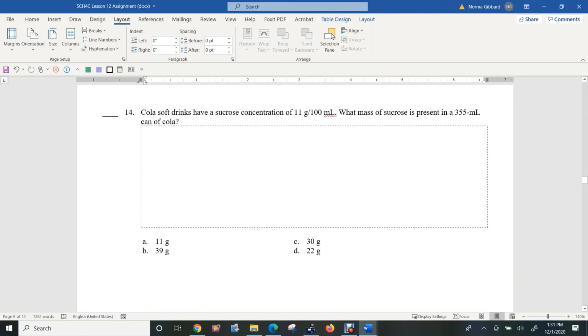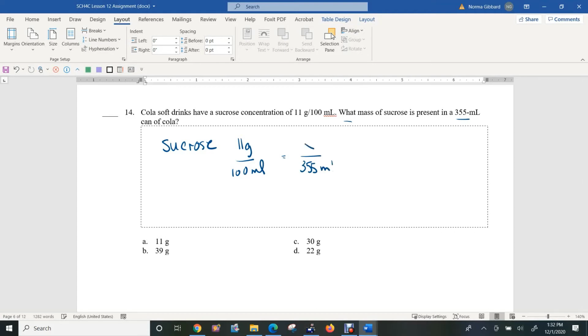which is sucrose here in the can of cola soft drinks. Cola soft drinks have a sucrose concentration of 11 grams per 100 milliliters. What mass of sucrose is present in 355 milliliters?